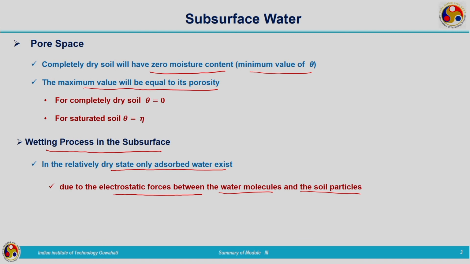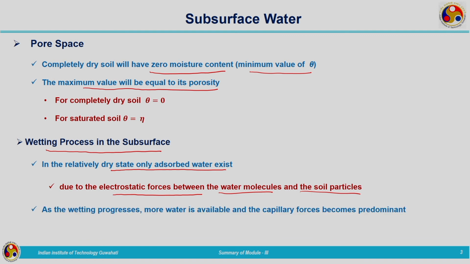When rainfall or infiltration, maybe due to some agricultural activities, takes place in the soil, the wetting progresses. As the wetting progresses and more water is available, the capillary forces become predominant, that is the suction forces.